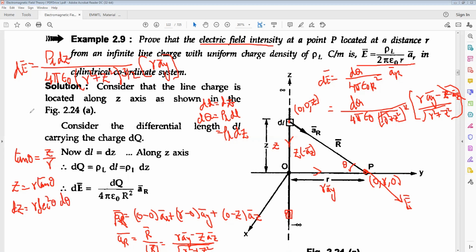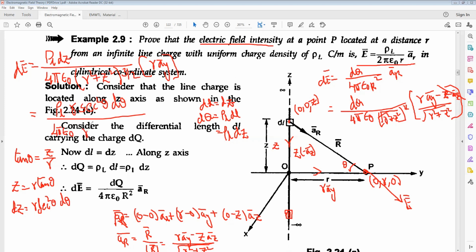Got it, my students? Now I can substitute here rho L into dz, meaning r secant square theta d theta, whole divided by 4 pi epsilon naught, into r square plus z square.